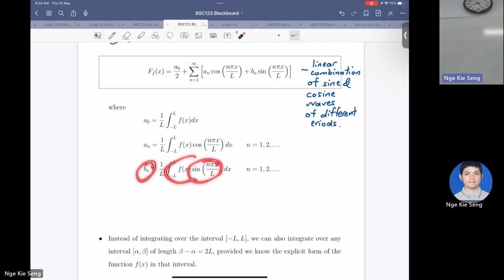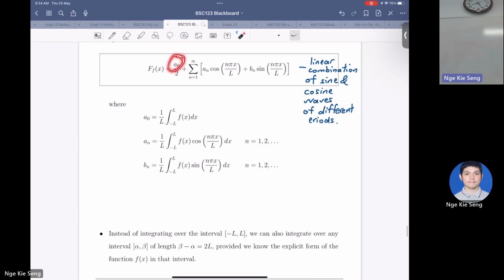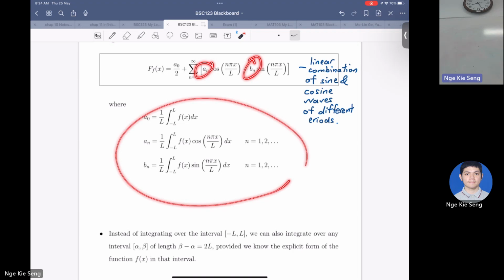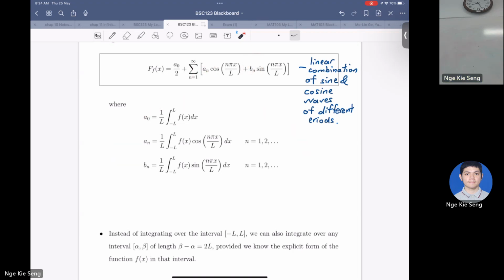For now, I think you won't appreciate this because you have never done this kind of computation before. You just listen first. If you really want to try, you can try the example, and I will give you the solution. So if you want to find A0, An, and Bn, you can use this formula here.